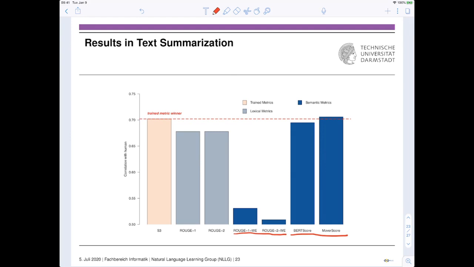I don't have a very good reason for that, but I assume maybe the datasets in text summarization play a role, or the word embeddings used in MoverScore-1 and MoverScore-2 are not so successful, because we see BERTScore and MoverScore, which are both coupled with more powerful BERT word embeddings, can outperform even supervised metrics.